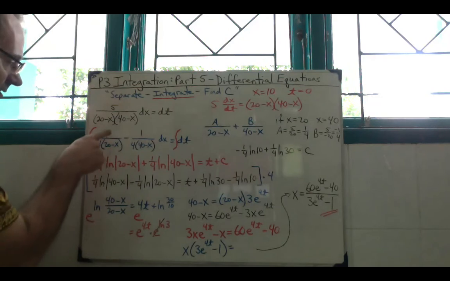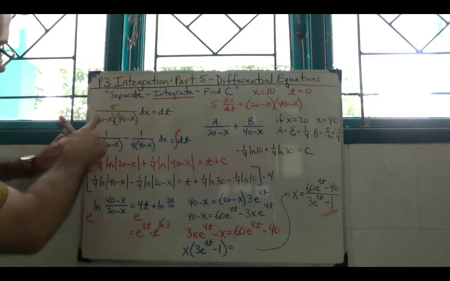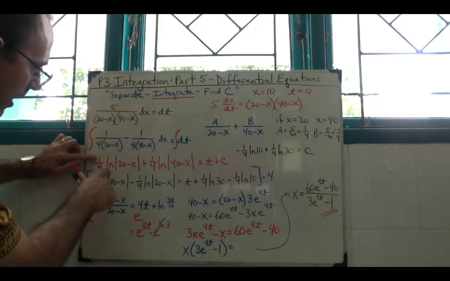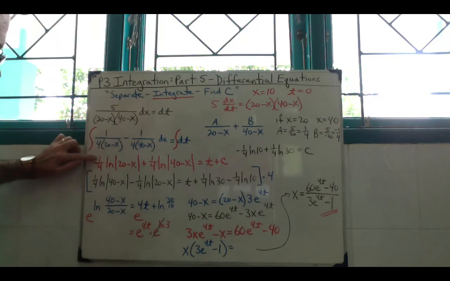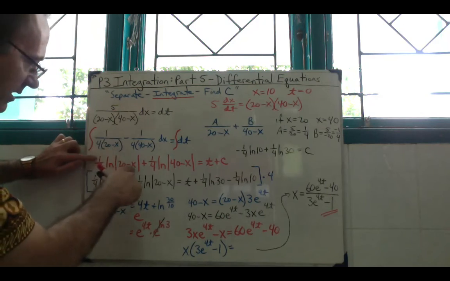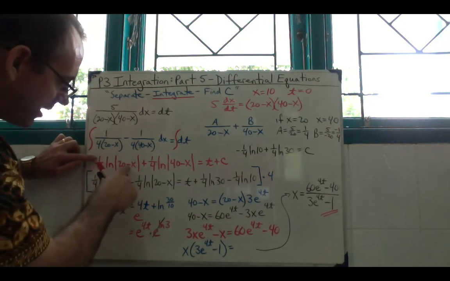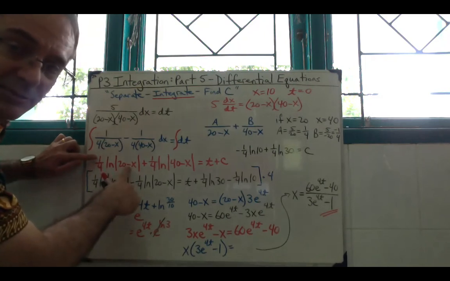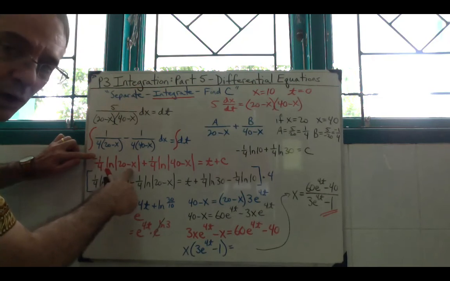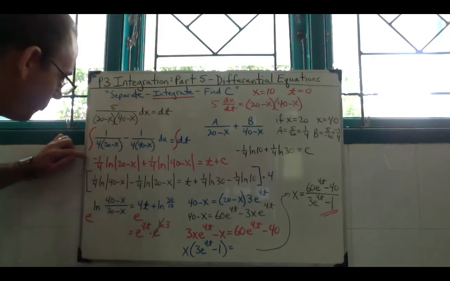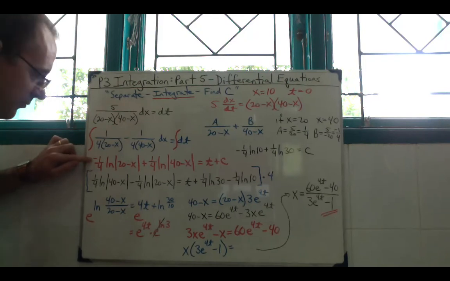So when we integrate this, it starts off with a positive 1/4 ln of 20 minus x. So the 1/4 is the coefficient, ln of 20 minus x. But notice when you take the derivative of the argument, it's a -1. So you need to divide by -1, which gives you a -1/4.